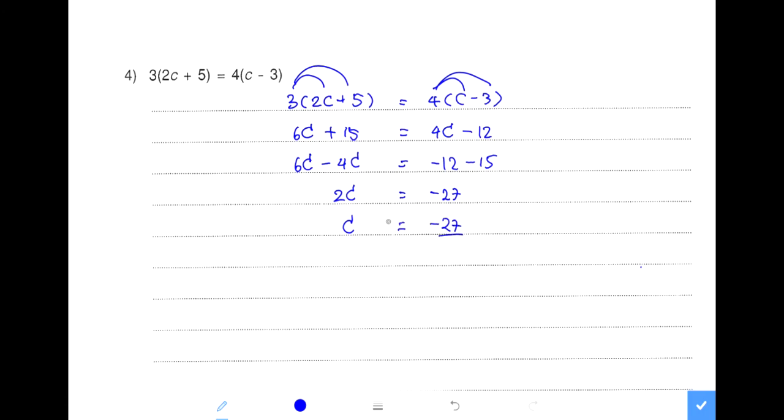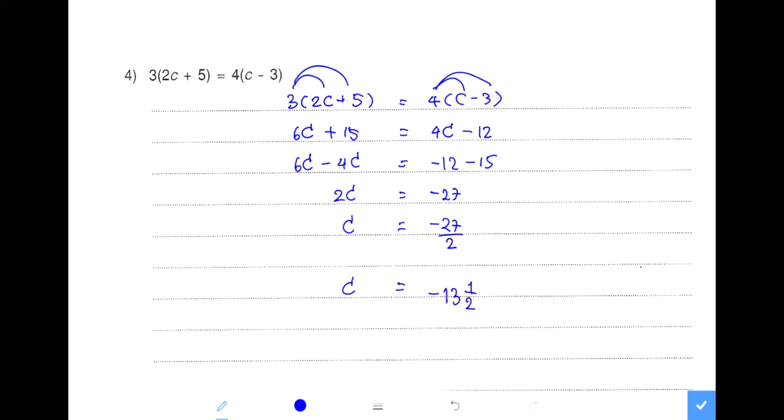And you divide it by this number 2. Right? So c is... Okay, let's make it as a fraction. As mixed numbers, I'm going to have -13 and 1 over 2.